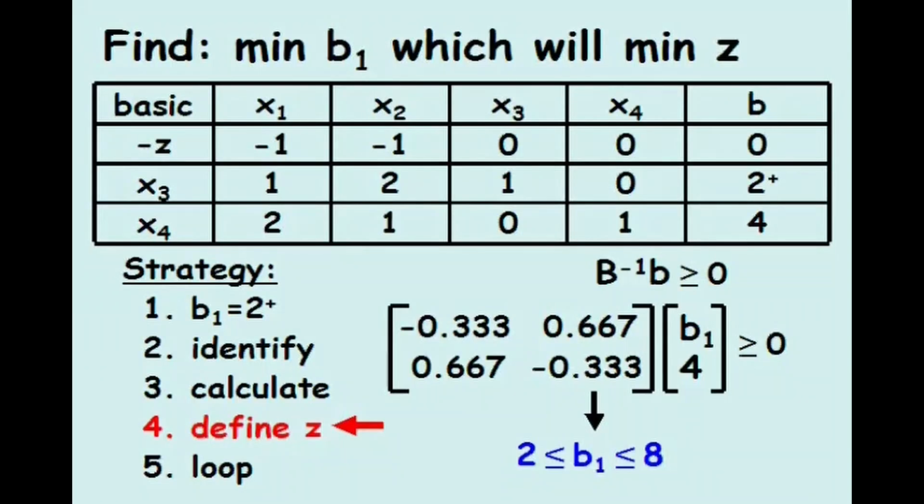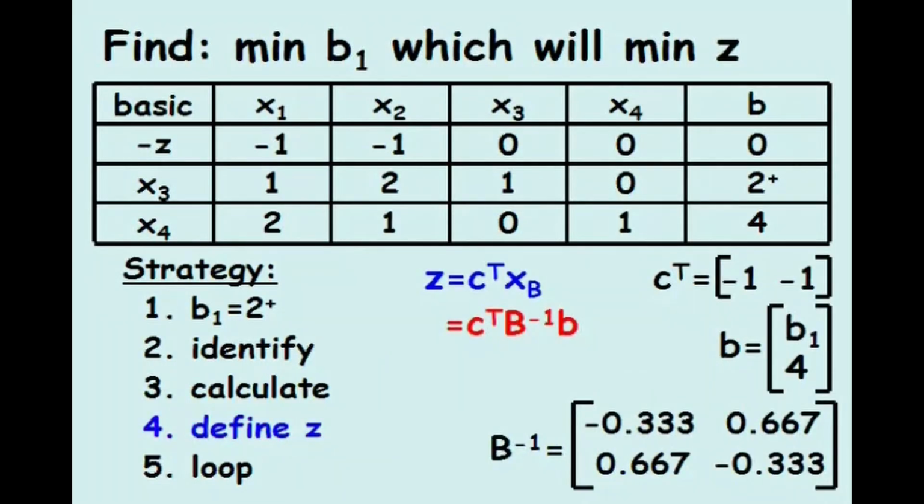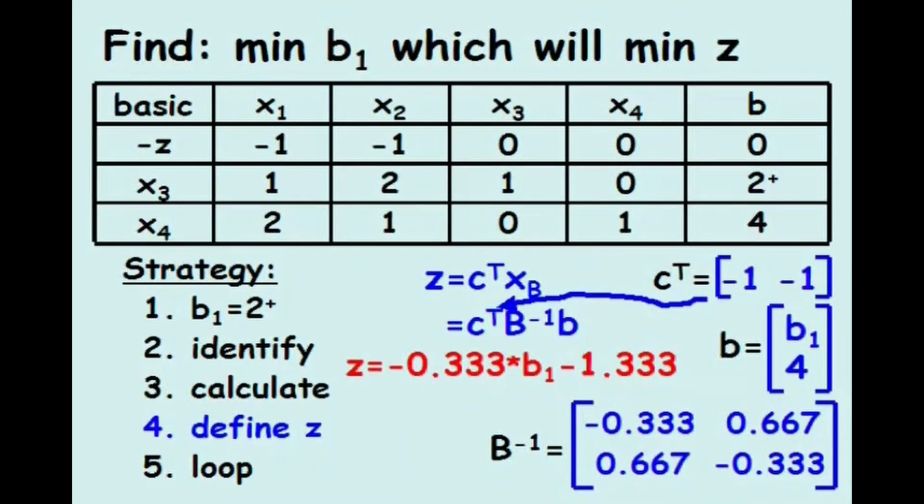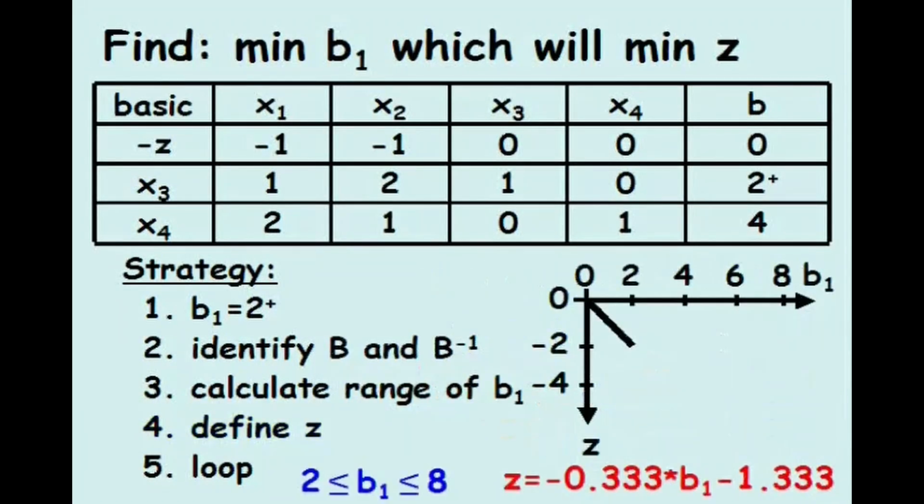As before, z equals c transpose B inverse b. After plugging in the appropriate values, we learn z equals negative 0.333 times B1 minus 1.333 for values of B1 between 2 and 8. If we add this line segment to the plot, we notice the value of z drops to negative 4 at B1 equals 8.